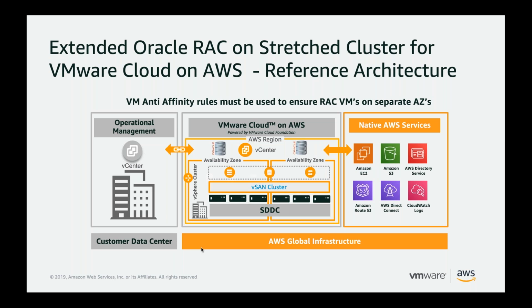This is achieved using compute policies, tags, and attributes, which allow you to attach metadata to objects in the vSphere inventory. Deploying and migrating Oracle workloads from on-premises to VMware Cloud on AWS has been documented in detail in a reference architecture document, which is provided in the resource page at the end of the slide deck. Next slide, please.